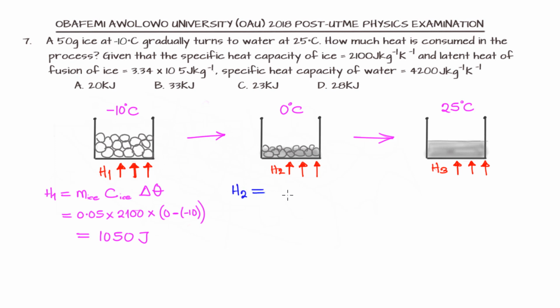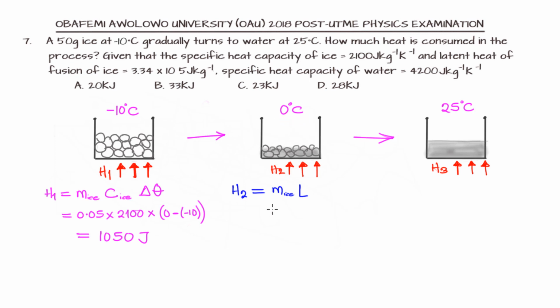Now, in this second case, in which the ice is transitioning into water, the same mass will be in place, but instead of using the specific heat capacity, I'm going to use the latent heat of fusion, because that's what is taking place at this particular stage. So I'm going to have the mass multiplied by the latent heat of fusion.